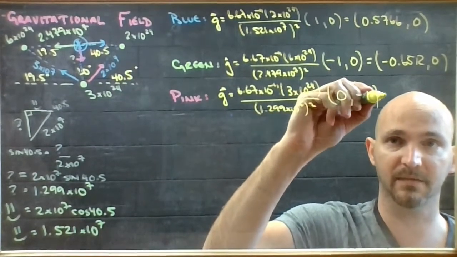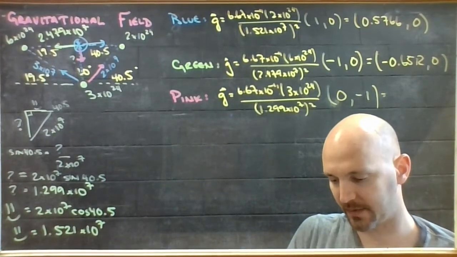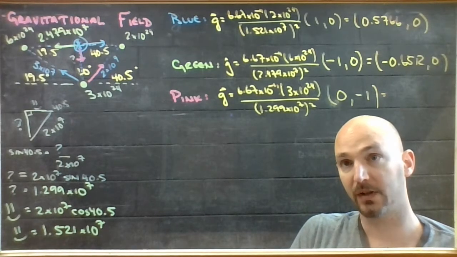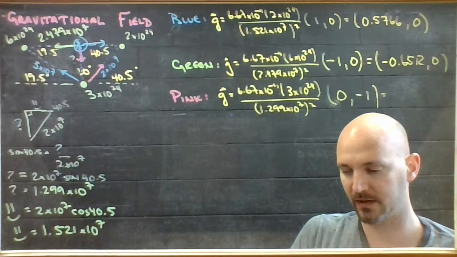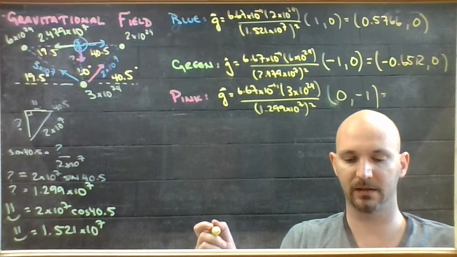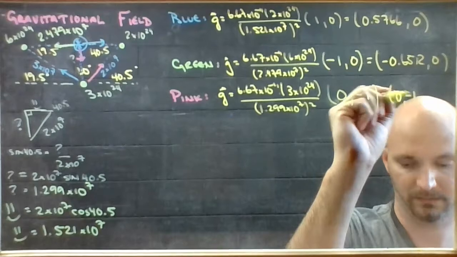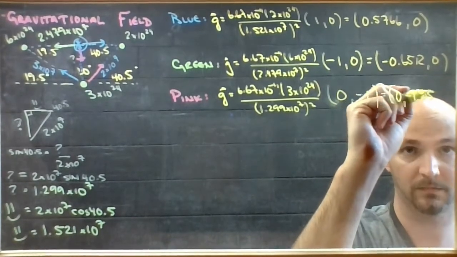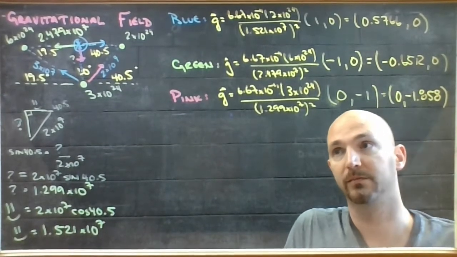So I'm going to use negative 6.67 times 10 to the negative 11 times 3 times 10 to the 24 divided by 1.299 times 10 to the 7 squared gives me 1.1858. All right.